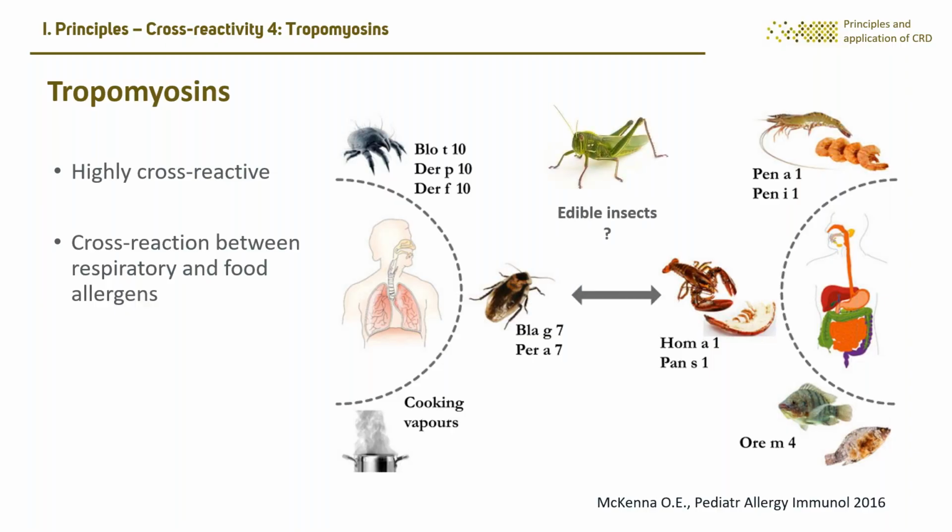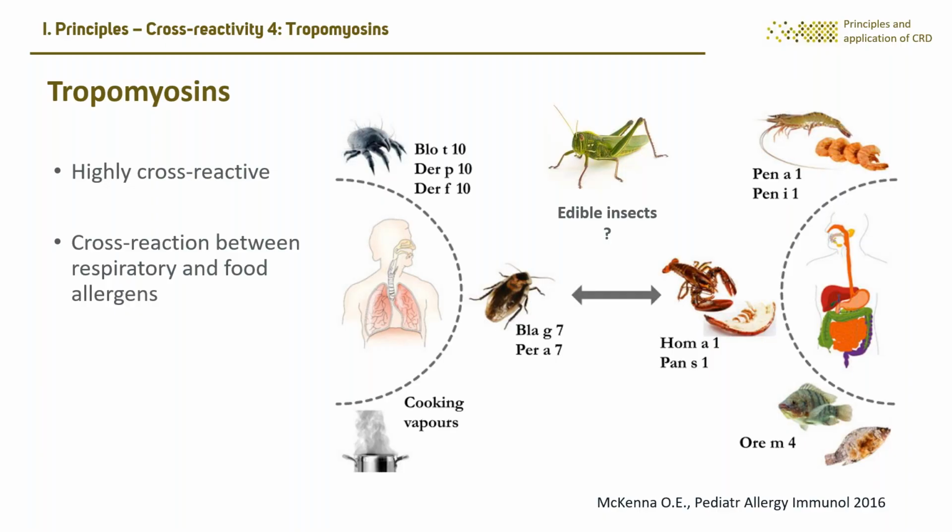In the future, I guess edible insects will become a more and more relevant source of muscle-associated proteins here in Europe, and I guess also in North America, because they become increasingly popular as a substitute for meat from mammals.